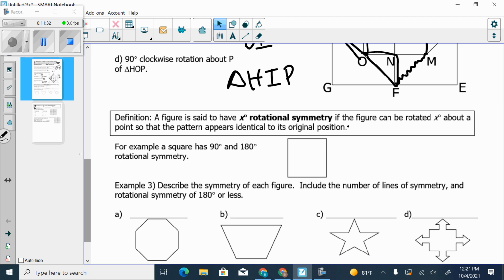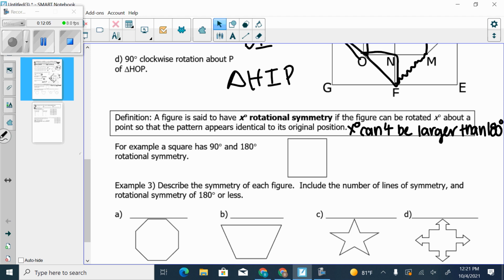So we're going to make a little note of that here. Our X degree can't be larger than 180 degrees. It says, for example, a square has 90 degrees and 180 degree rotational symmetry.